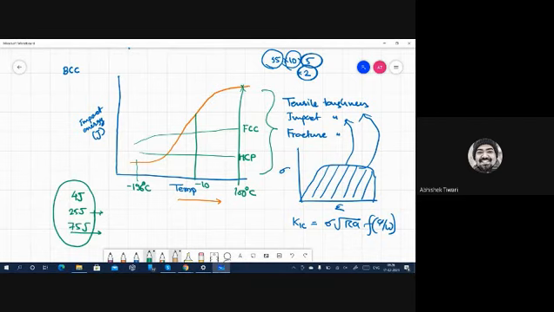But this will not happen in FCC. In FCC, if you break here, you will get approximately, let's say, 15 joules. It should not be 50 joules because I defined this to be 25. Then you test here again, 15 or 16 joules, and here maybe 18 joules.